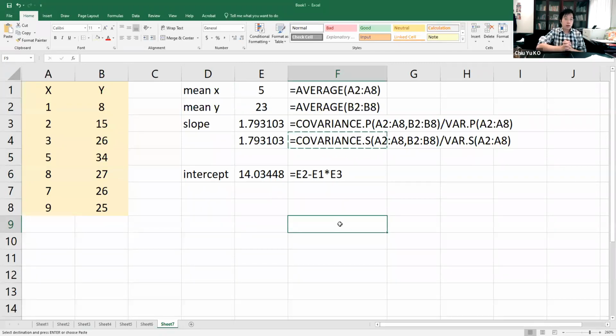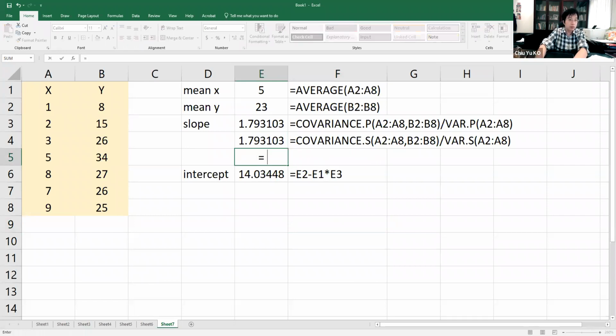Although you figure out this is rather simple to do, luckily Excel has a rather easy way to do it. You can call SLOPE to find the slope, and then you put the y and you put the x, then we're done.